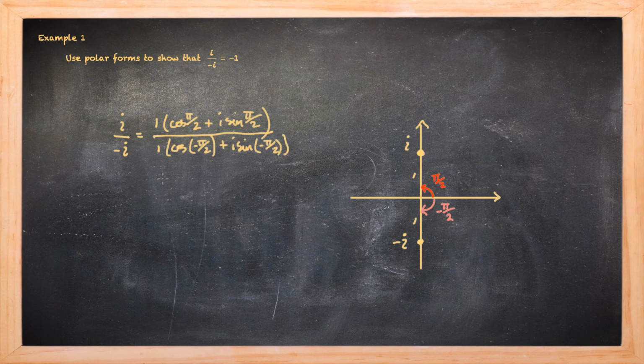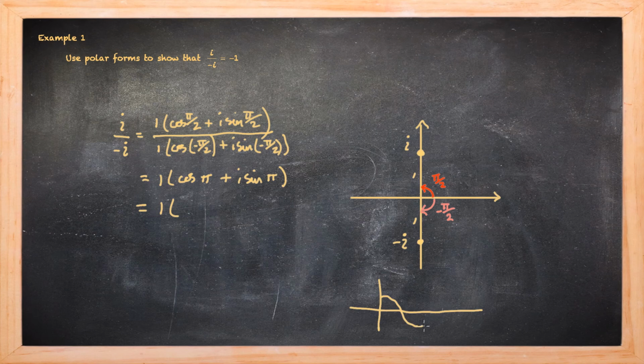And the result of dividing complex numbers in polar forms means that we divide the moduli. 1 divided by 1 is 1, and we subtract the arguments. So pi upon 2 minus negative pi upon 2 is pi upon 2 plus pi upon 2, which is pi. And now we just have to evaluate cosine of pi.